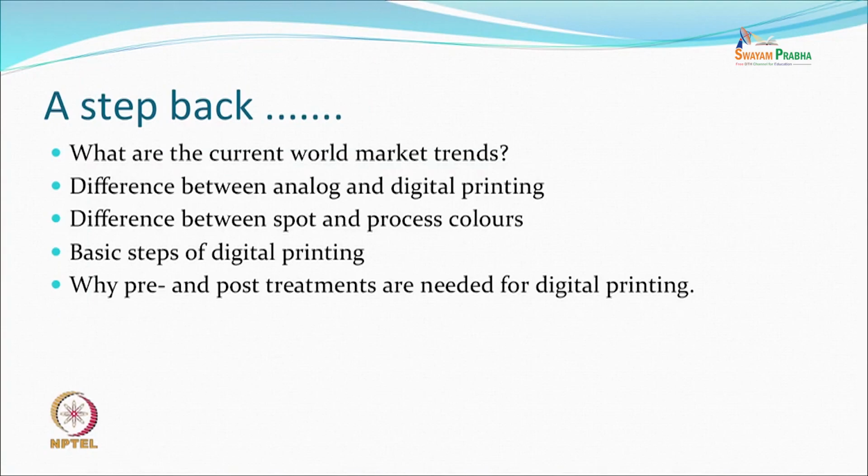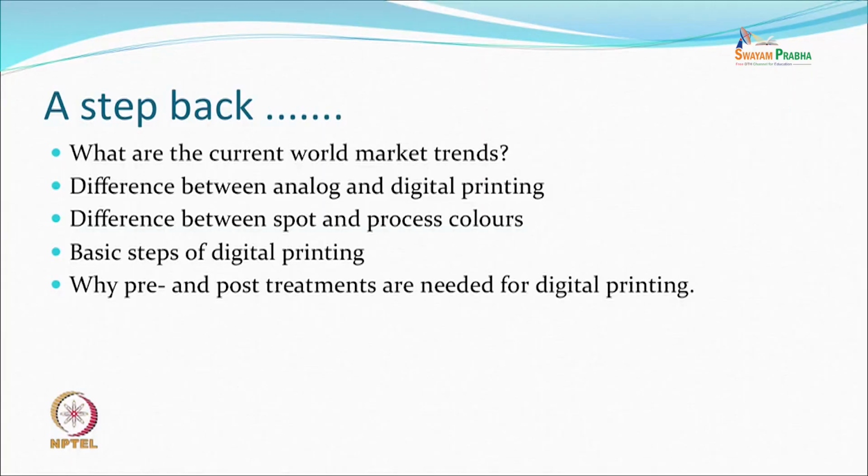So, last time we started some discussion on a new method of printing, which is inkjet printing, and so we'll continue with that for a few more hours. In summary, we tried to talk about what is the place currently of digital printing. How do we differentiate between digital printing and analog printing?